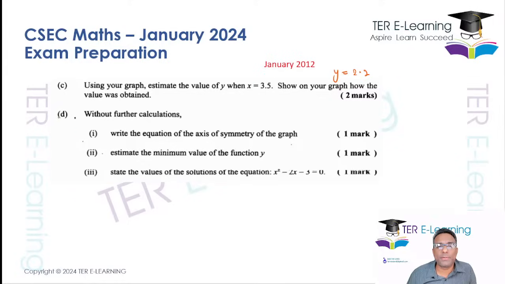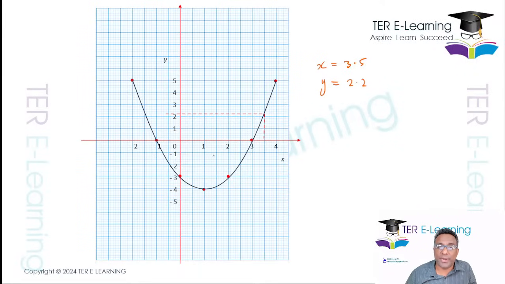Now, the next part, they said, without further calculations, write down the equation for the axis of symmetry. Your axis of symmetry is a vertical line where if I fold the graph paper along this line, the left and the right are going to line up exactly. So this here is your mirror line.